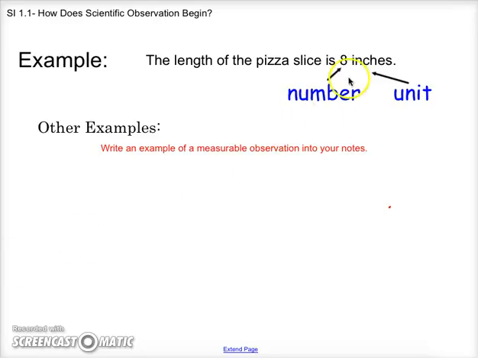As you can see, we have a number, 8, and we have a unit, inches. So just like in math class, you have to label your answers. You have units. So if we see units, that should send a little flag in your head thinking that that is quantitative observations. So I want you to take a minute and write another example of a measurable observation in your notes under letter B.